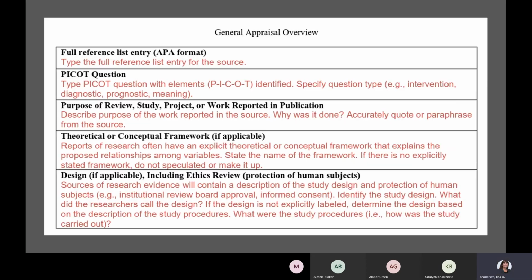Now I'm going to go through the sections of the form and discuss what information you want to extract from the source to put in this form. What I've written in red is instructions for what we expect you to write in each section of the general appraisal overview.